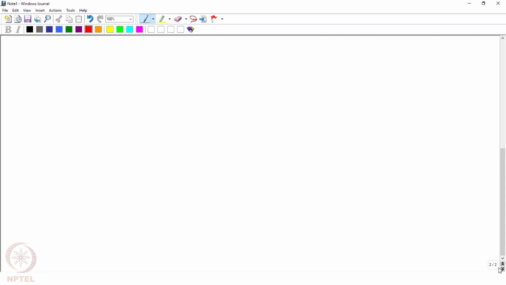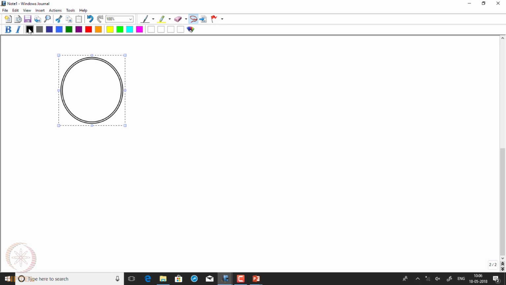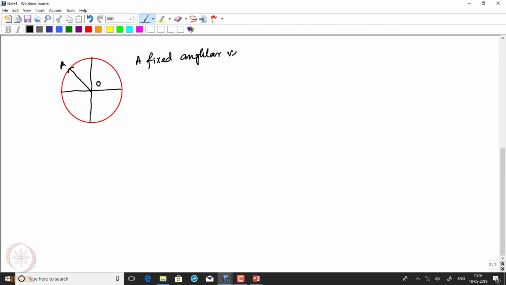Suppose we have a point A moving in a circular path with a center at O, and this point A has a fixed angular velocity equal to omega.